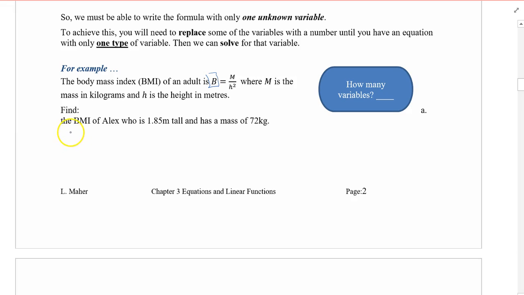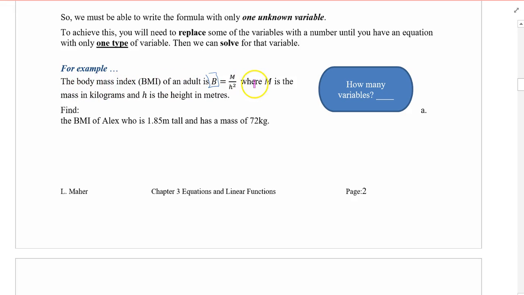But if you look at this example, it says the BMI of Alex, who is 1.85 metres tall and has a mass of 72 kilos. Oh, we've got to find the BMI. I just encourage you to pay particular attention to the description of the formula.